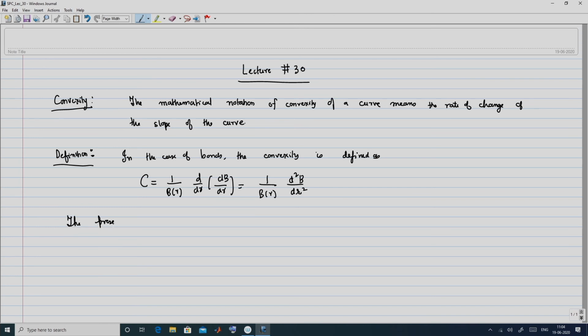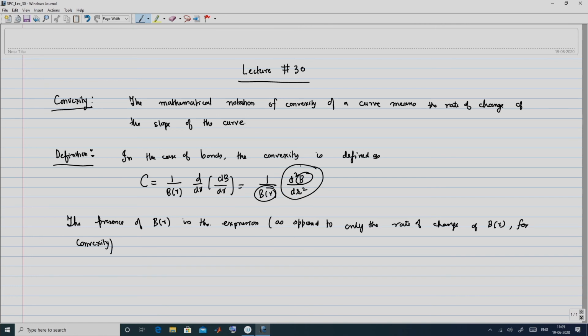The presence of this term B(r) in the expression, as opposed to only the rate of change of the slope: for convexity normally I would just look at the second derivative term, but there is an additional term B(r) in the denominator.